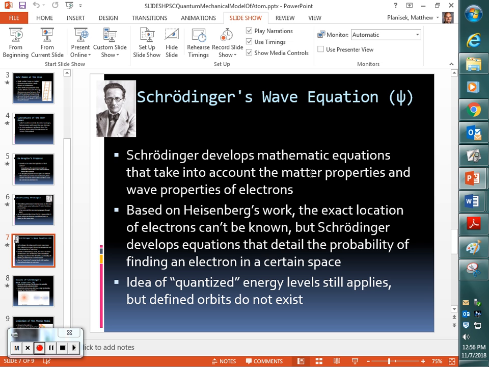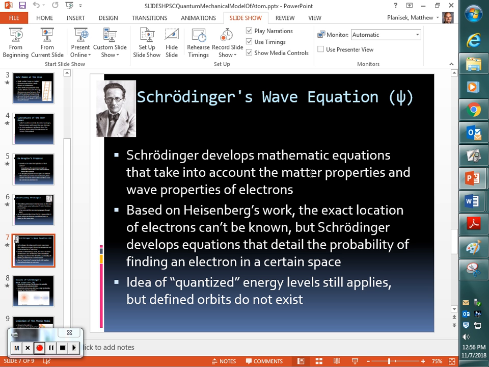He said that the electrons were more in a cloud around the nucleus. What does that cloud represent? The most likely area of where the electrons are.